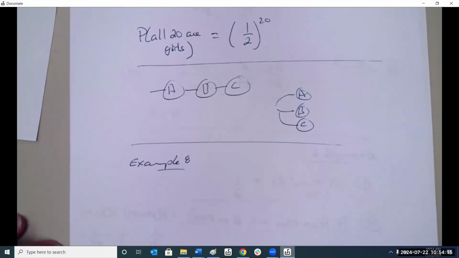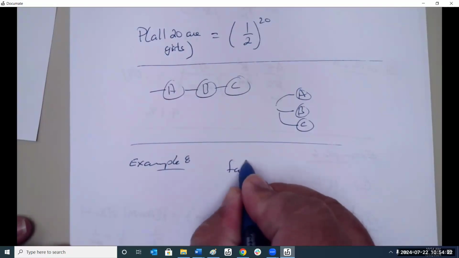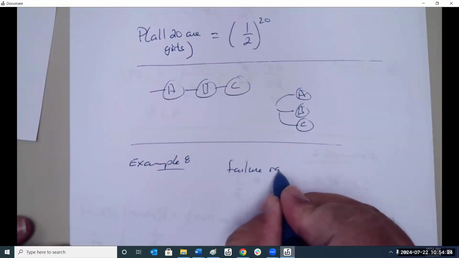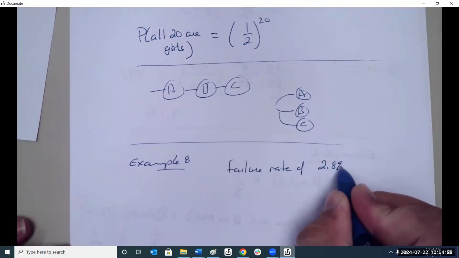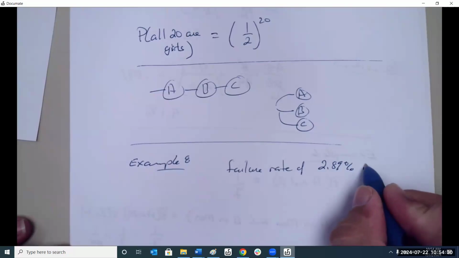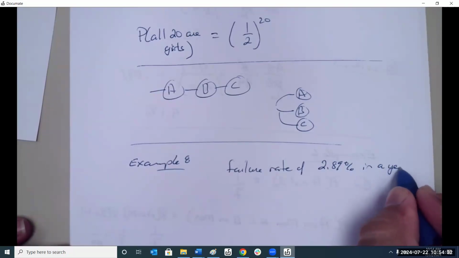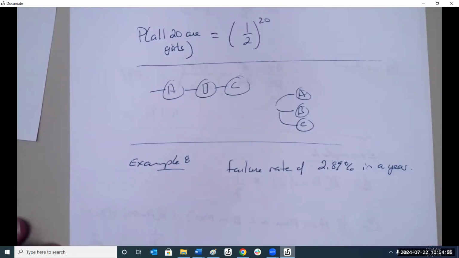The Seagate hard drive model ST4000DM000 had a failure rate of 2.89% in a year. If your computer has only the Seagate hard drive model ST, what is the probability that it will work for a year?